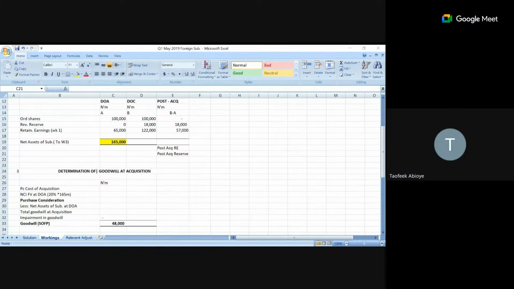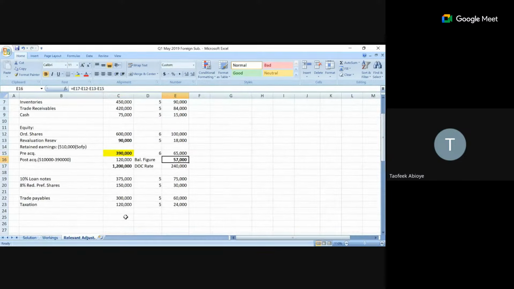I think we can do it that way. Now, that information is about unrealized profits. So let's go and calculate our unrealized profits. That will be our working note 2.